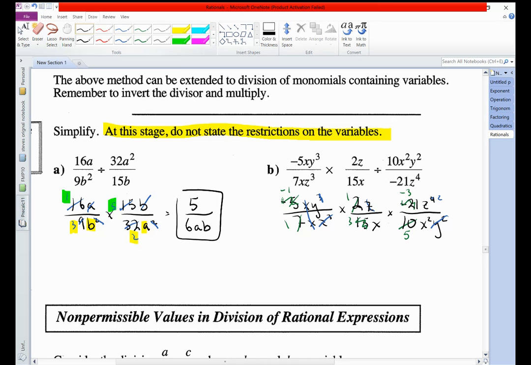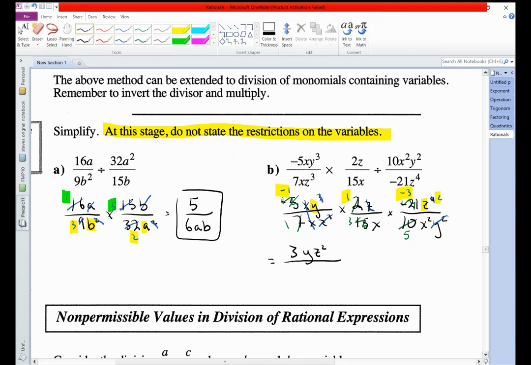It's a little bit messy, but we're going to keep track of it here. We have negative 1 y times 1 multiplied by negative 3 z squared. So in the top of our equation, we have negative 1 times 1 is negative 1, times negative 3 is positive 3. And then I have y z squared.